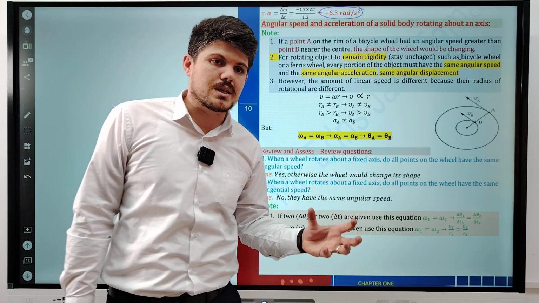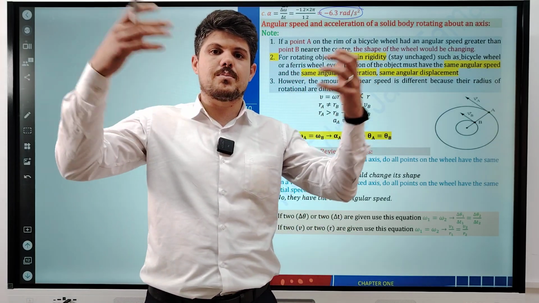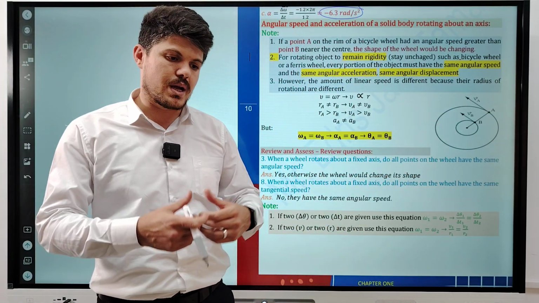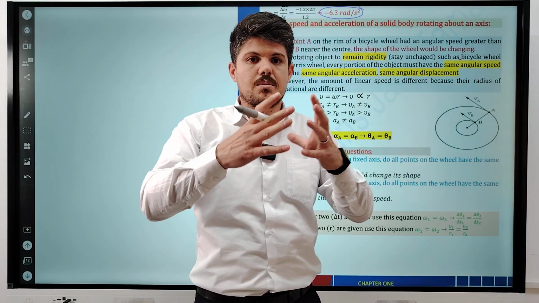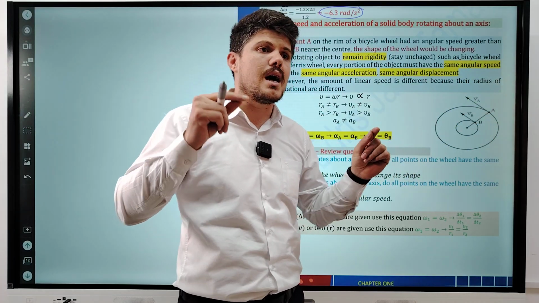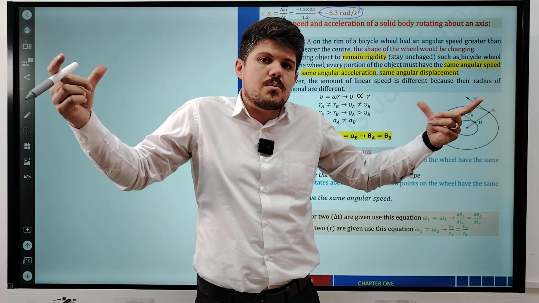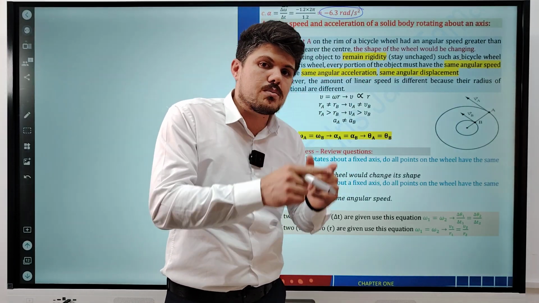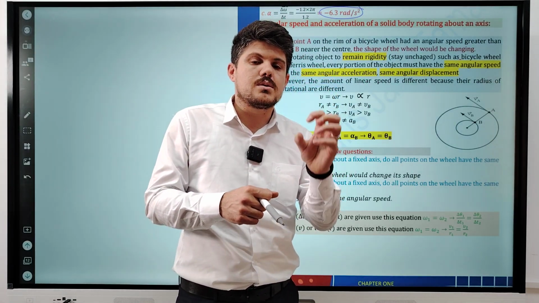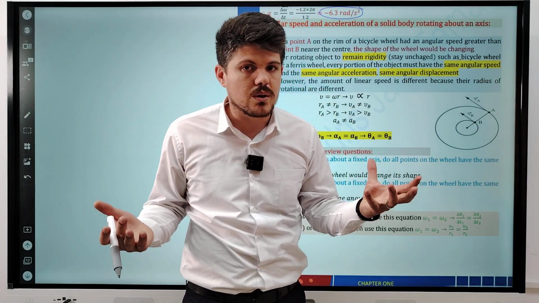But for a non-rigid body, for example, when pizza makers throw a pizza into the air, what happens to the shape of the pizza? It becomes bigger. So this change of shape means that this object is not rigid. For a non-rigid object, the value of the angular speed for each point is not equal.